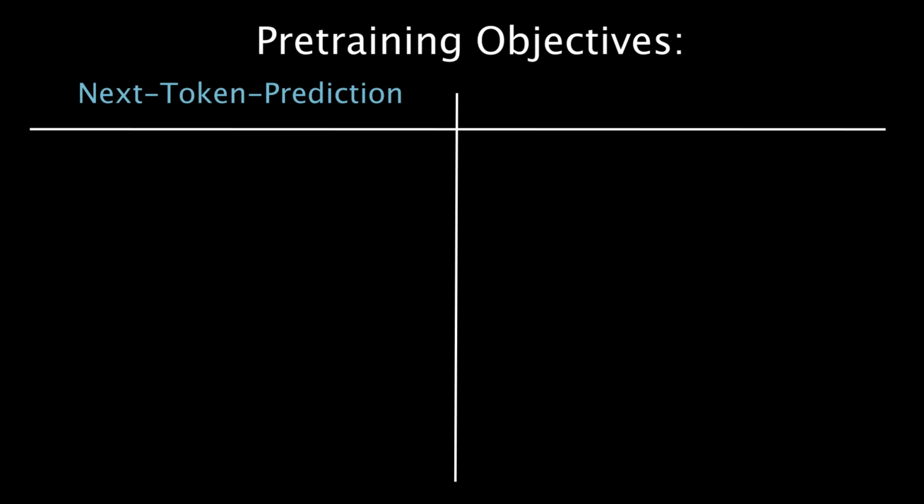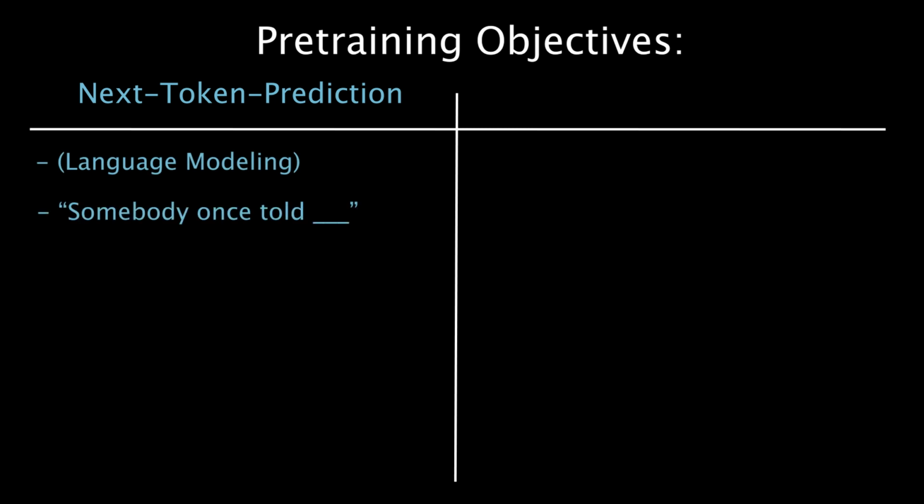The first is next token prediction, often just called somewhat ambiguously language modeling, where the model is tasked to predict the next token in the given sequence. Notably, this is the pre-training objective of OpenAI's GPT series. Next token prediction is autoregressive, meaning the model can use its own outputs to create further outputs.